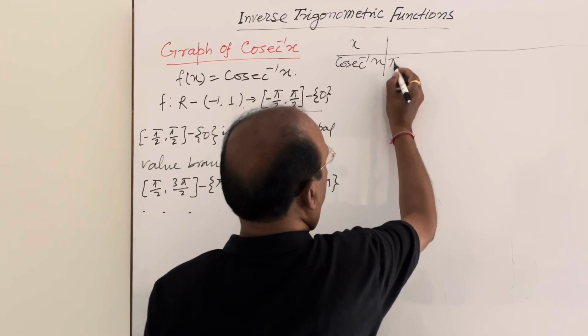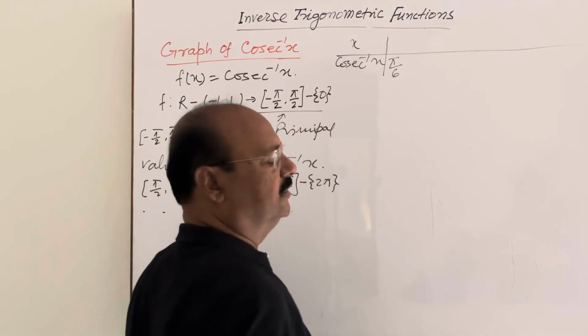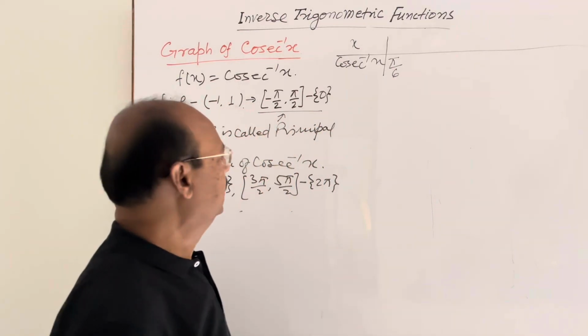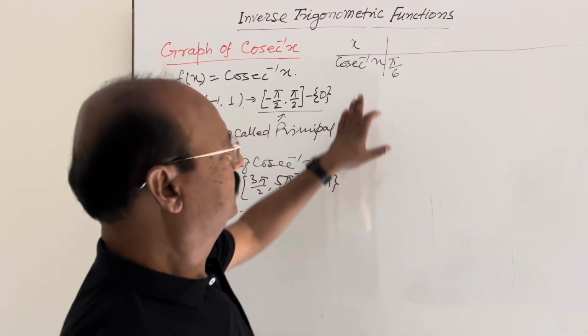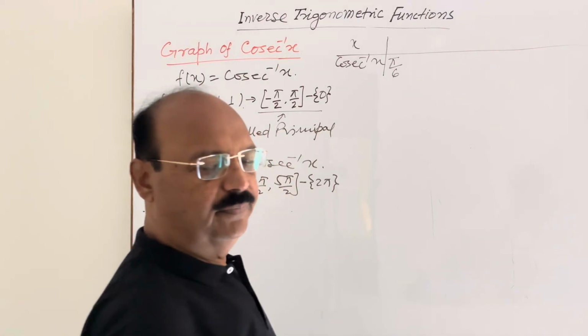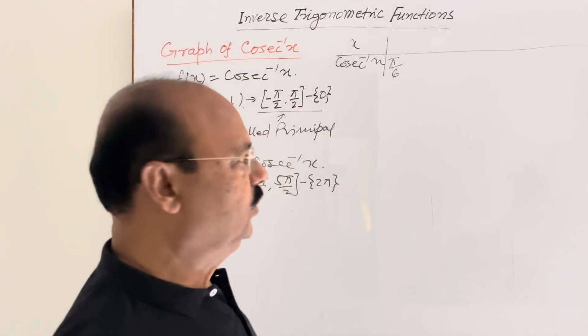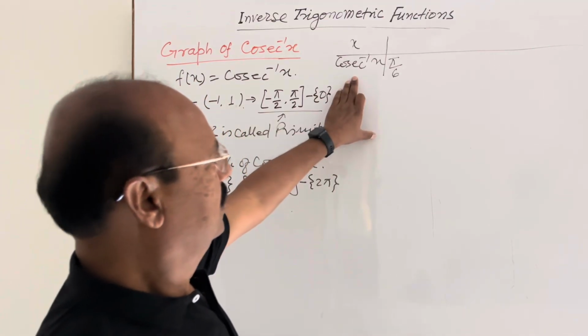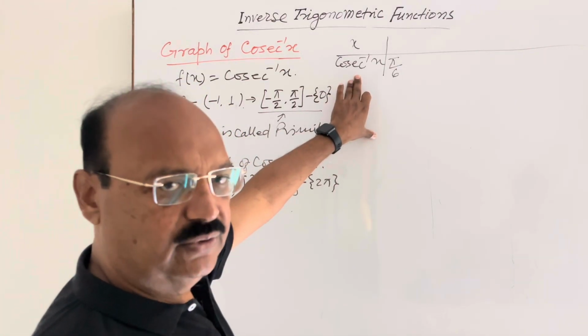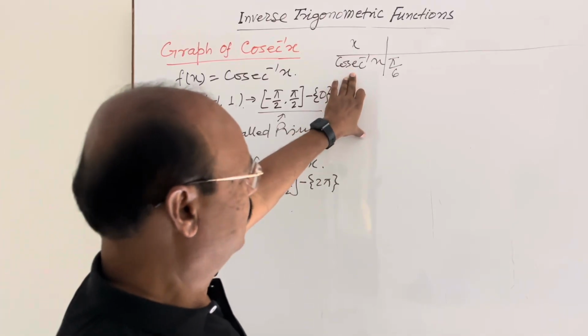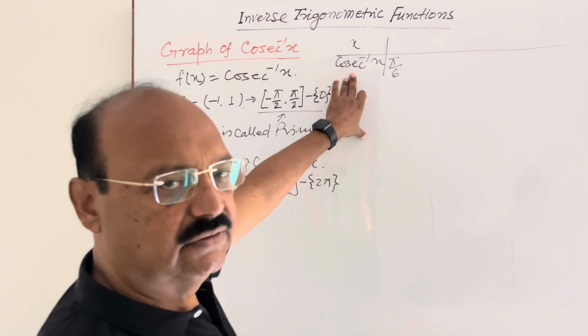First of all, we'll take pi by 6, that is 30 degree. So what is the value of cosec of 30 degree? That is 2. Sine 30 degree is 1 by 2, so cosec of 30 degree is 2.